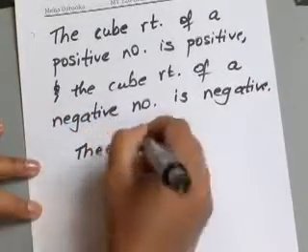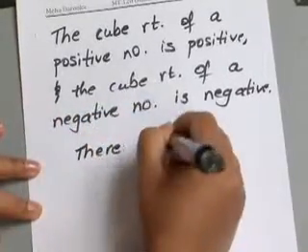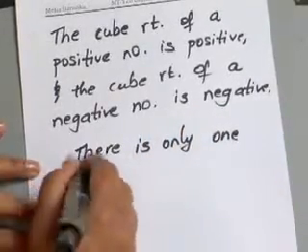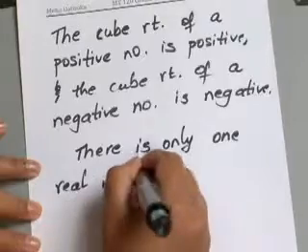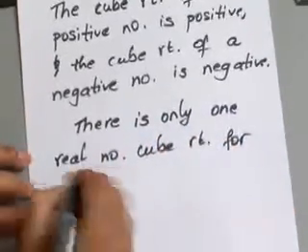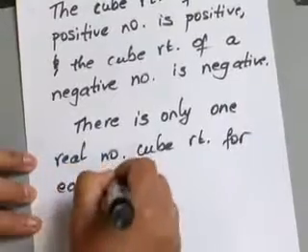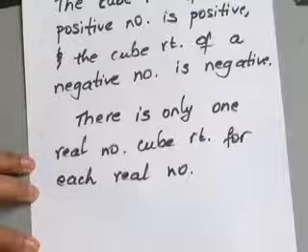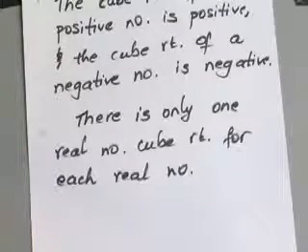In other words, we can say there is only one real cube root for every real number. You're not going to come up with two different signs.